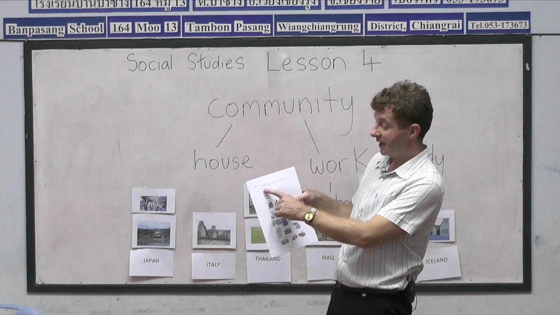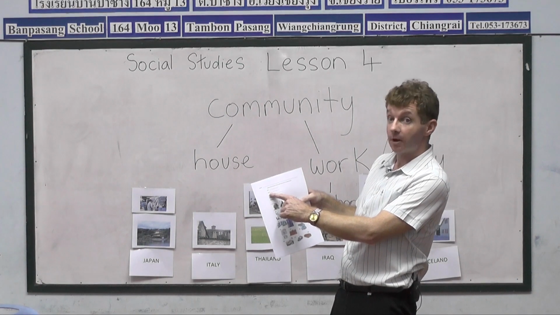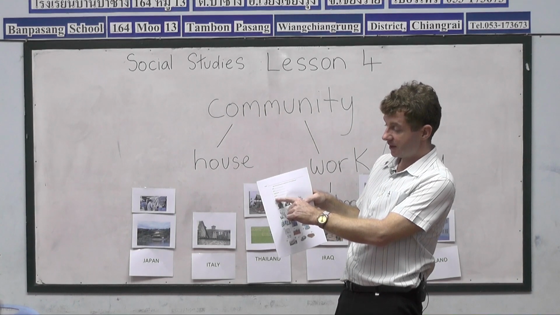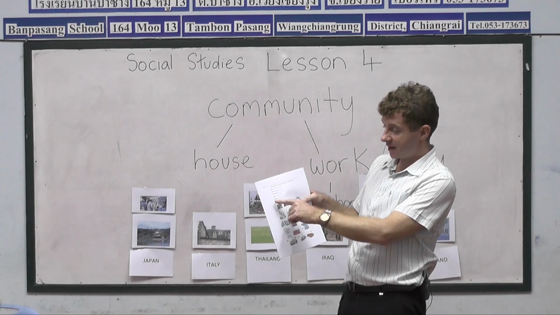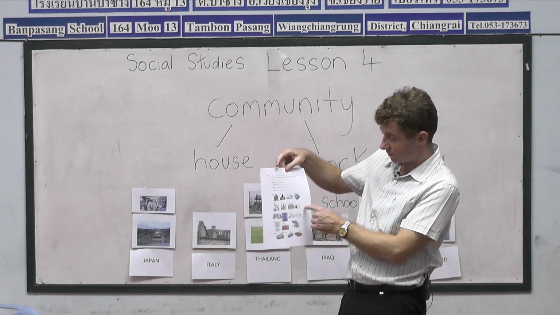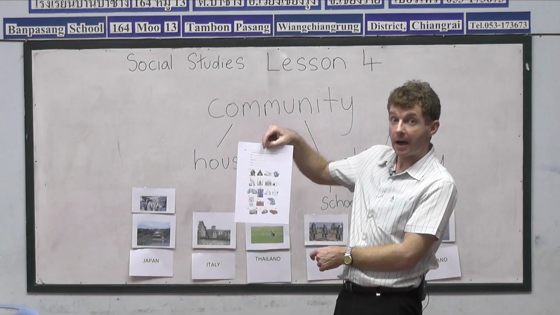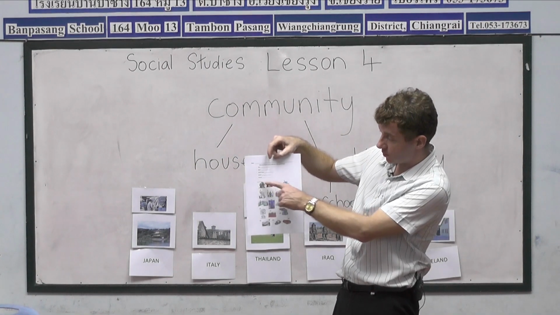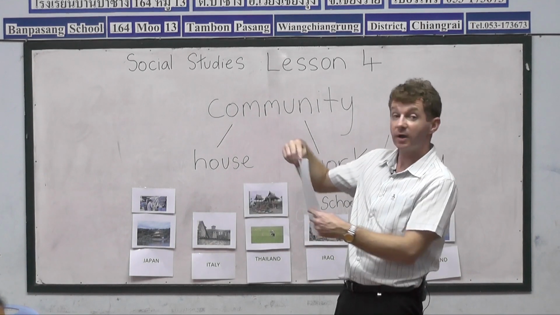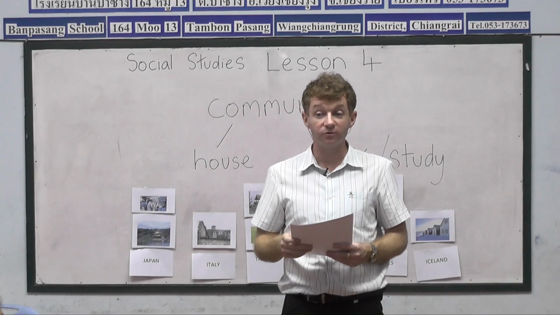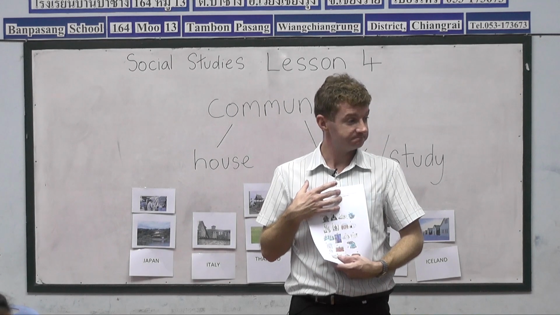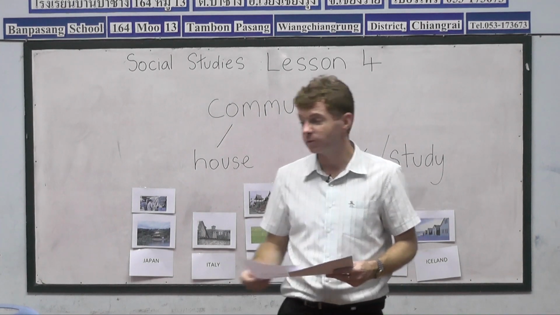So we have Italy, Japan, United States, Iceland, and Thailand. Then we have lots of different buildings or houses. You can write the numbers of the ones you think belong to each country. Okay? But first of all, what must you do? Name on top. Okay? And if you have any questions, you can ask teacher.